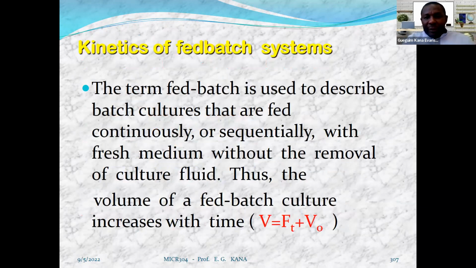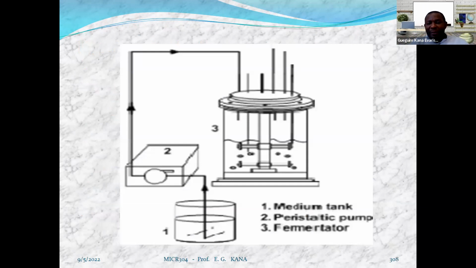Okay. Then last week we started with the fed-batch system, and this diagram clearly illustrates that in the fed-batch system, you are feeding the reactor, but nothing goes out, right? And I said it was a hybrid system between the batch and the continuous system. That's the fed-batch.